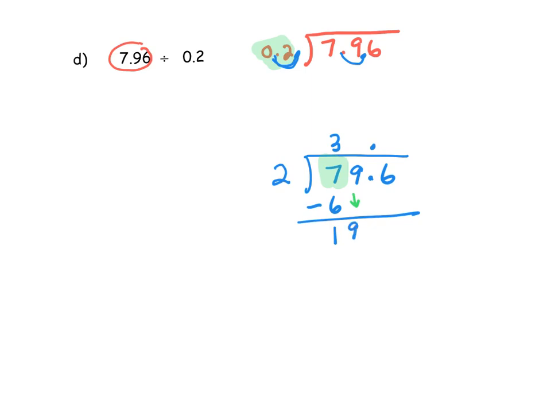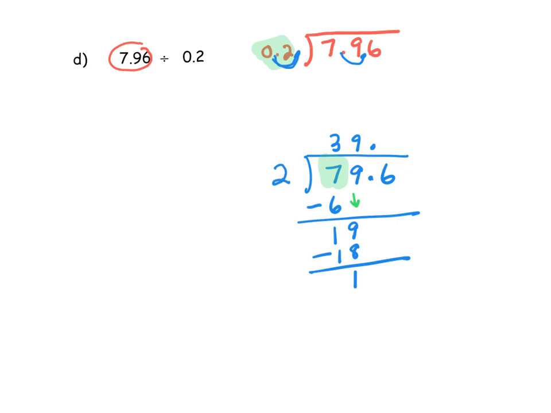And that's all I'm going to look at right now. So how many groups of 2 will go into 19? 2, 4, 6, 8, 10, 12, 14, 16, 18. And that took me 9 2s when I skipped counting, but I only got to 18. I don't want to go over, so 9 times 2 is 18. So I'm going to take away 18, and I have 1 left over.